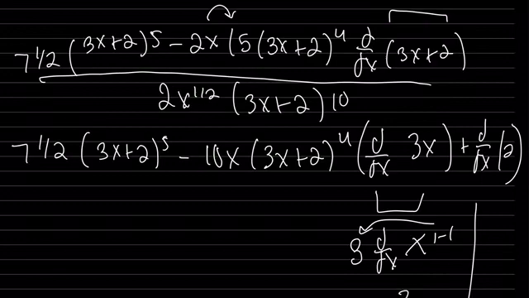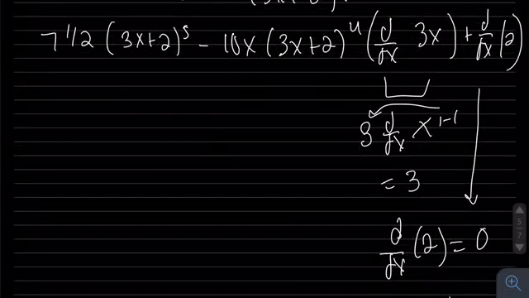The d over dx of 3x plus 2 can be simplified by moving the 3 to the front and x to the power of 1 minus 1, because x has an imaginary exponent of 1 right there, so 1 minus 1 goes away and you are just left with 3. And the derivative of 2 just equals 0, so 3 plus 0 is just 3.